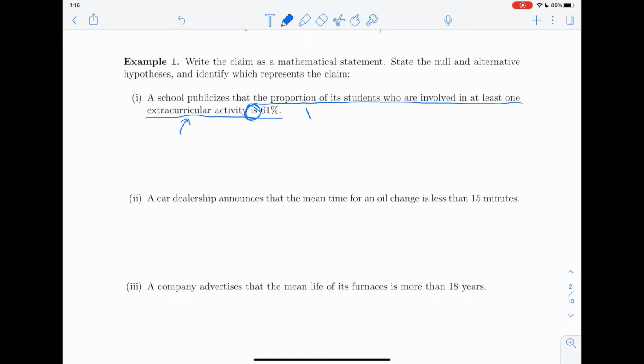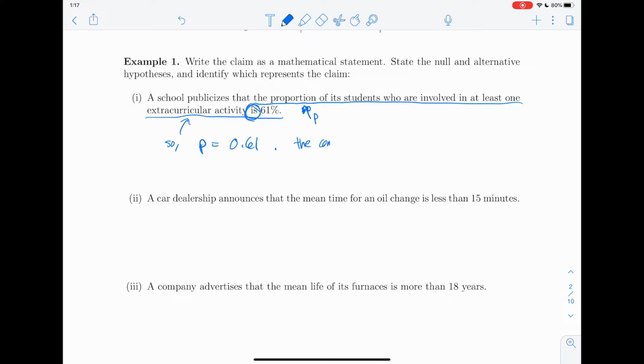You see the word proportion, so that means the letter p is going to be there in terms of population proportions. And what this underlined statement is telling us is that p is equal to 61%, otherwise known as 0.61.